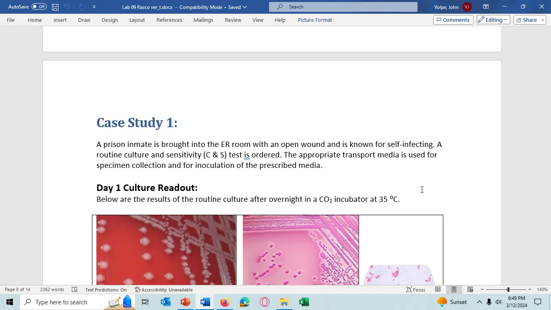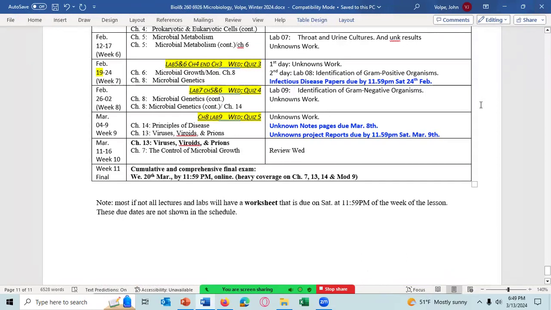I think there are a couple of questions which are non-timed, in which case there could be a case study following something similar to the case studies in Lab 9. Any questions about Lab 9? All right, if not, let's go to Chapter 13.